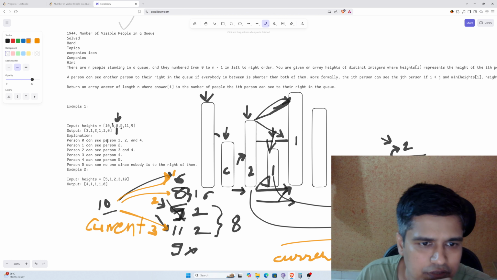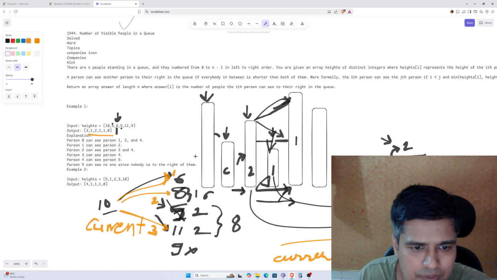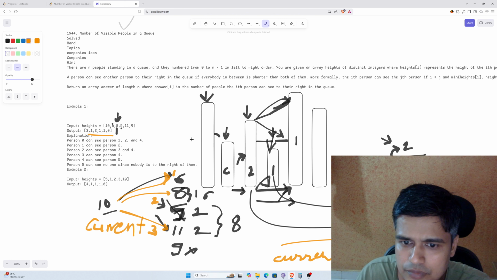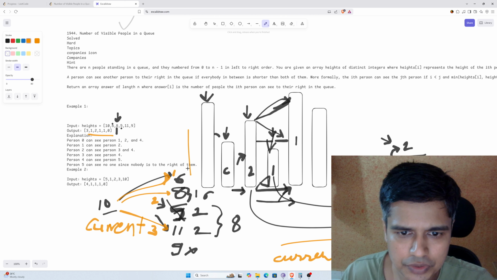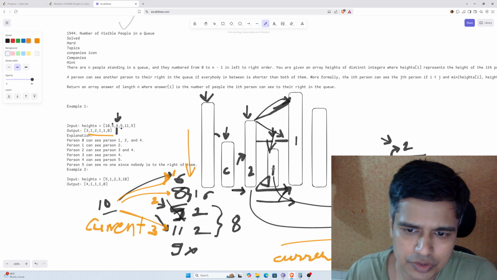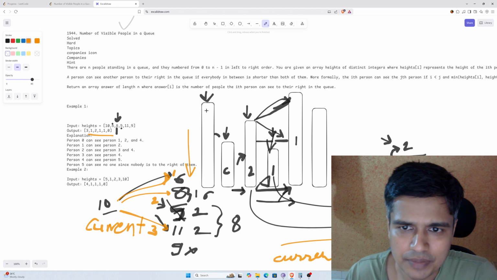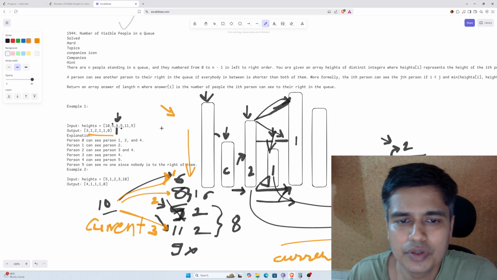Hope you have understood this. What is the intuition behind this? Now coming to the implementation part, as discussed, we're going to go by stack approach because we are discarding the numbers as soon as we get something bigger, and we are not putting any smaller number over there.